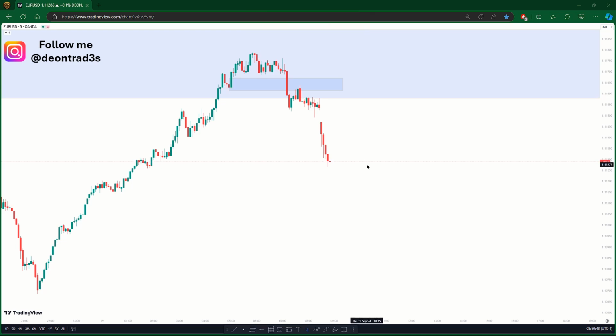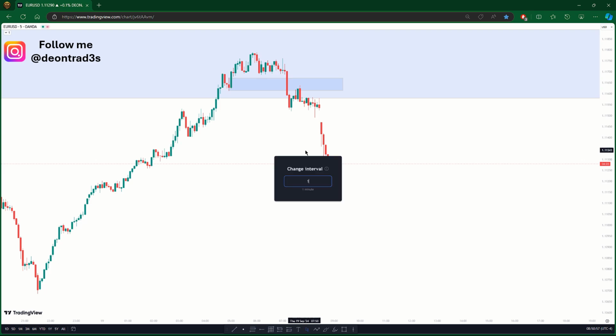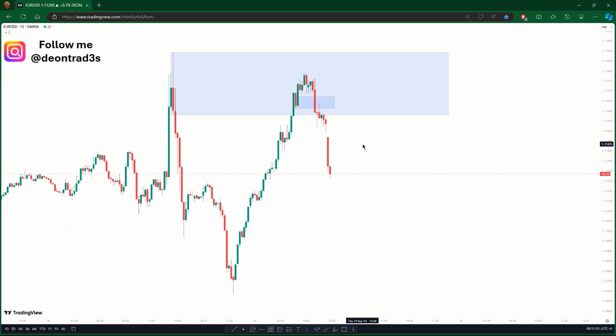Okay, so this is on the 5 minute chart now. This is the current price. So this is a 15-minute POI.